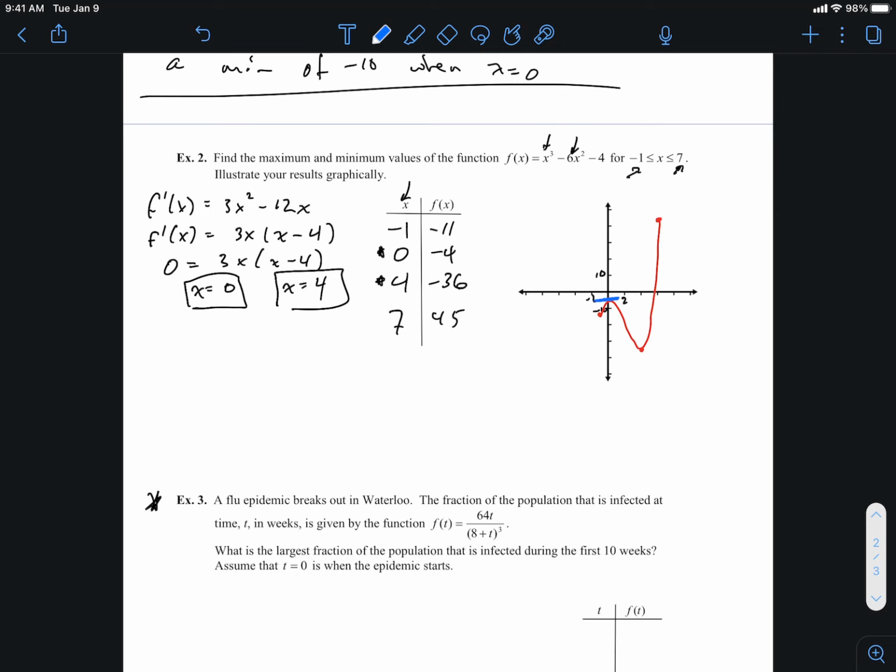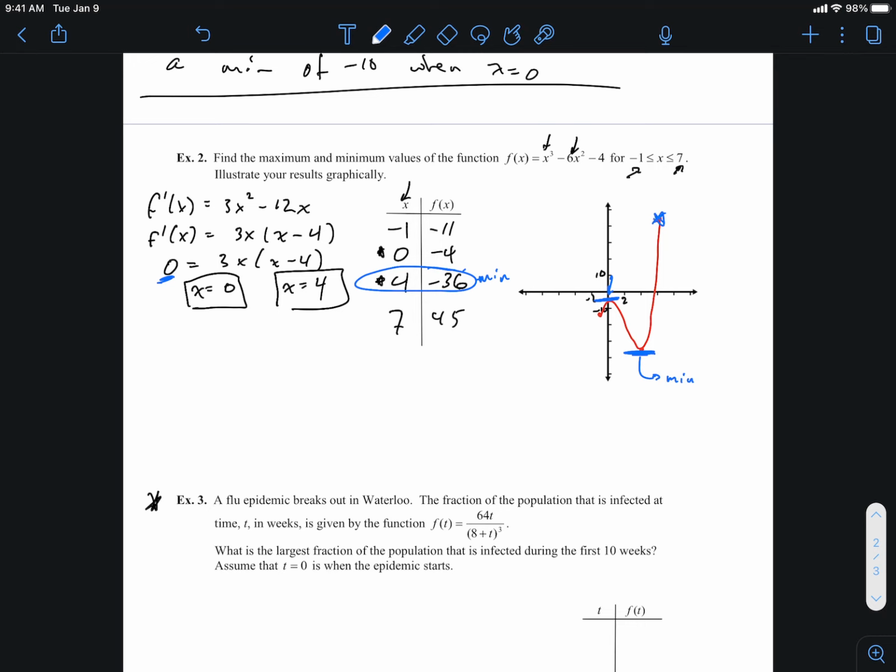Okay, that's the interval we care about, and so we can see that at 0, our slope equals 0, right? That's what we did, where our tangent line is horizontal, if you will. And then let's identify where the maximum and minimum values are. Well, this is a minimum, right? The minimum value looks like here. But then we also have this other value up here. This isn't a maximum because the y value isn't the biggest on this interval.